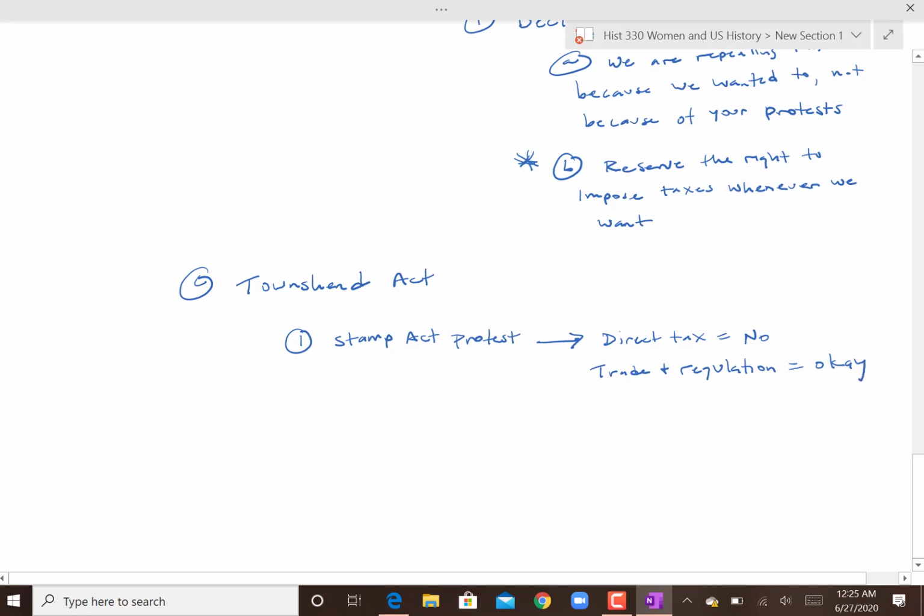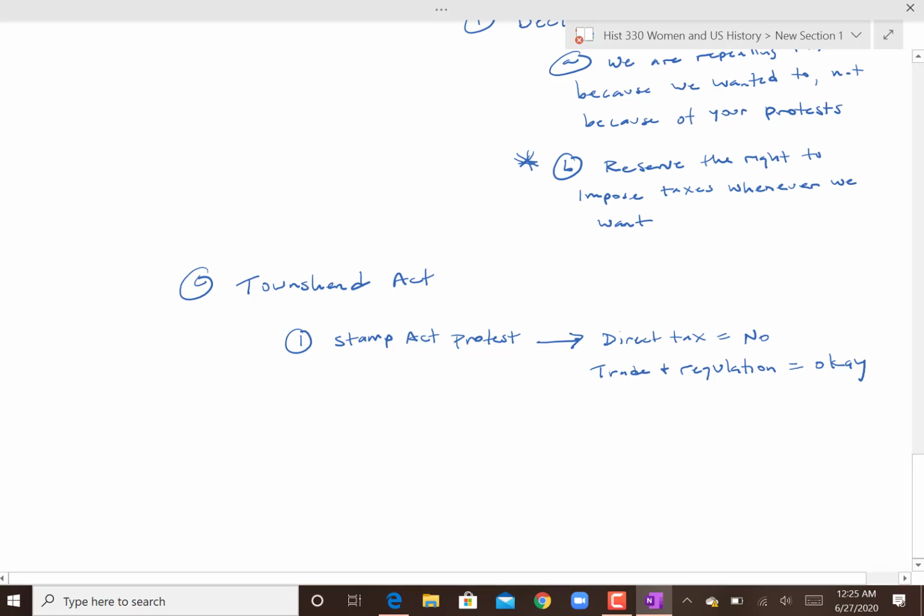Because, I don't know whether they really were thinking that far in advance or whether it was just the language they were trying to focus on, because the Stamp Act was a direct tax on colonial goods. And so there was sentiment made that trade and regulation taxes would be okay, because that's not direct tax on colonial goods.